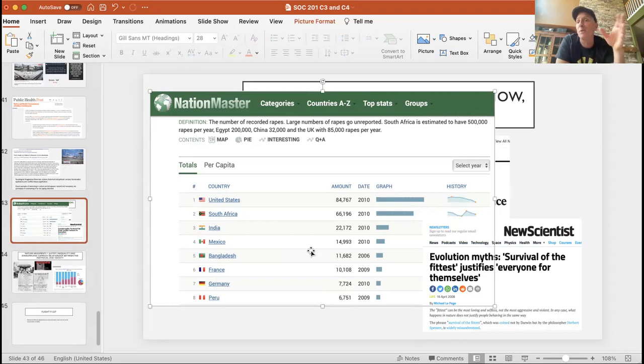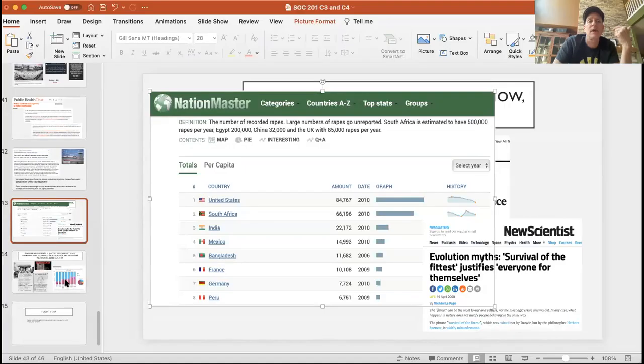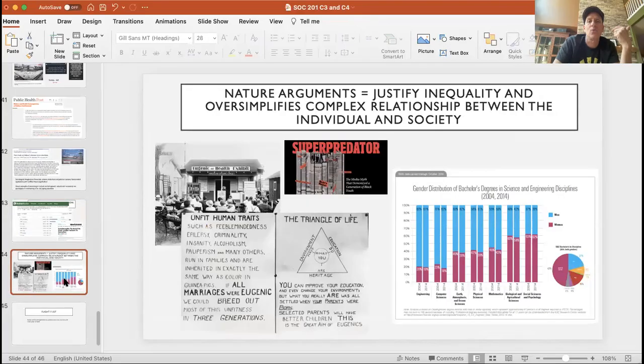Well, there's going to be a relationship there. People of the higher class are going to be less likely to engage in assaultive behavior. There's something going on there. It's not nature, it's culture that's shaping, it's context that's shaping. Ideas of nature are not the ones driving that.